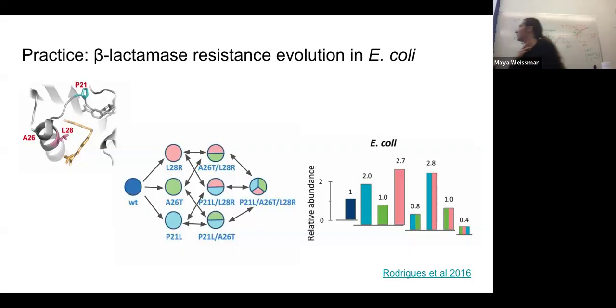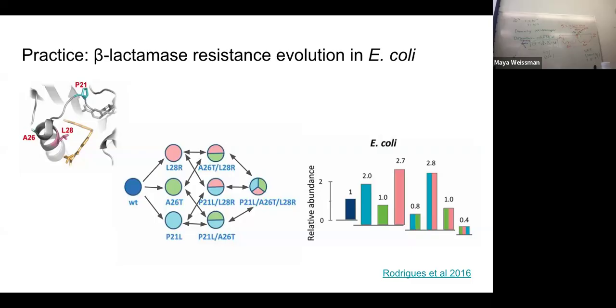So if we start at wild type, what is the first step you would take? And then where would you go? That's true. So this is possible and this is possible. This one's slightly more likely because it's going to increase fitness more in the short term. And then you'll end up here, right?